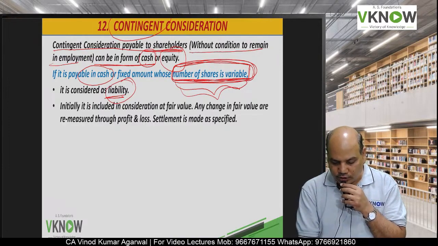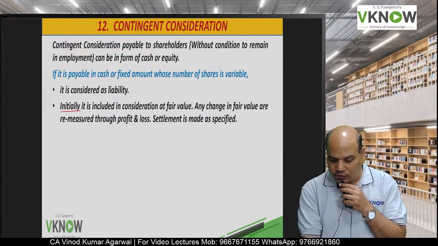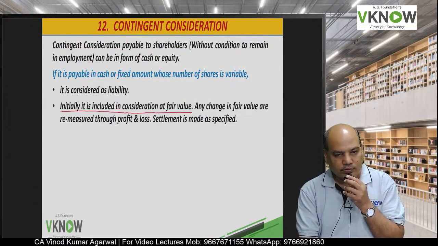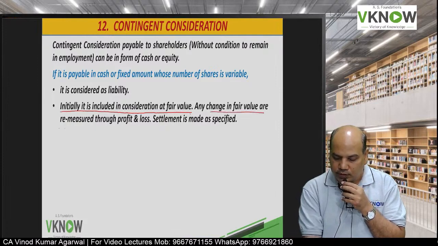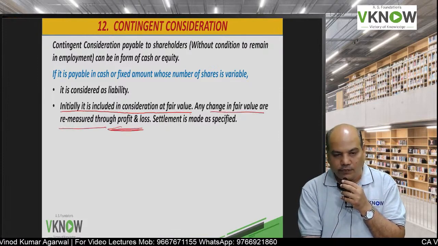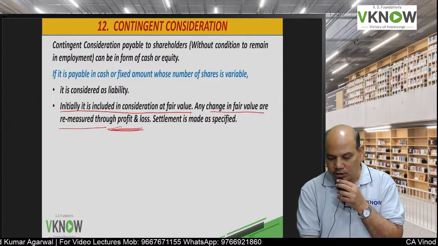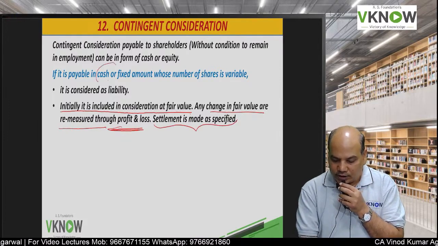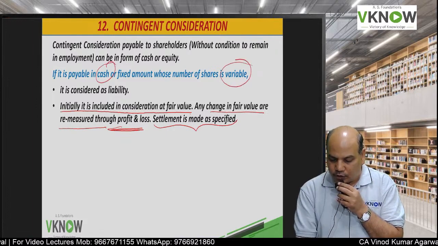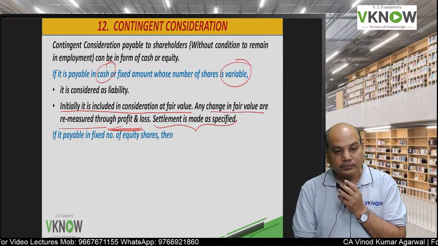How it will be measured? Initially measured at fair value on the date of acquisition. What about subsequent change? Fair value. Change in fair value will go to P&L account. Settlement will be made as specified, either in cash or in the form of number of shares.